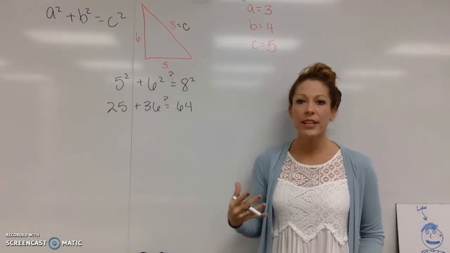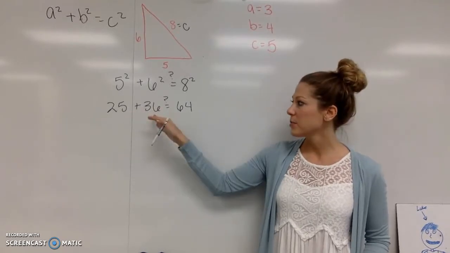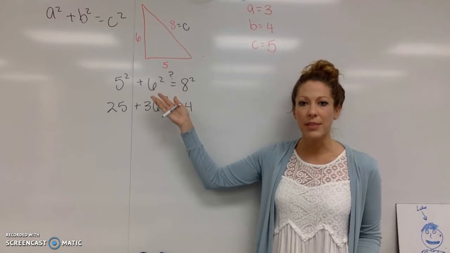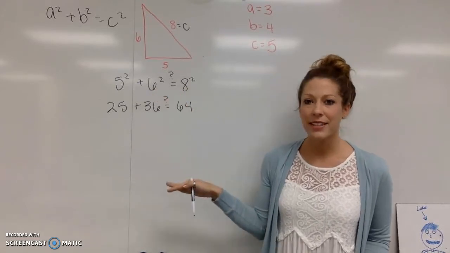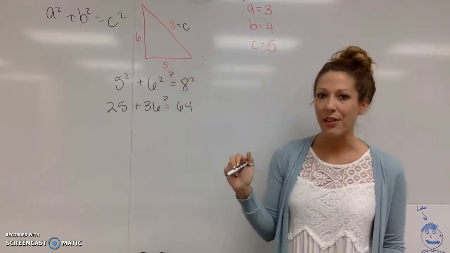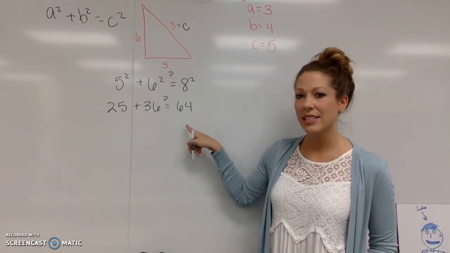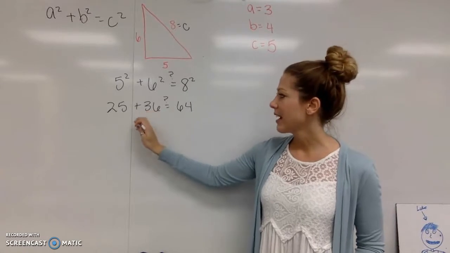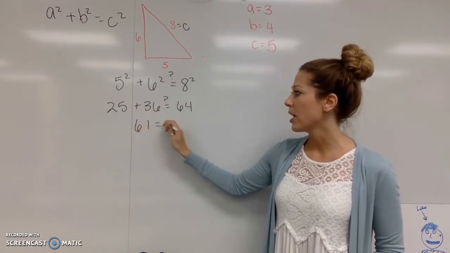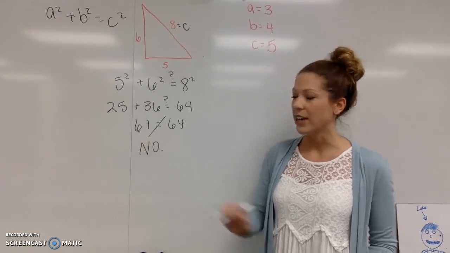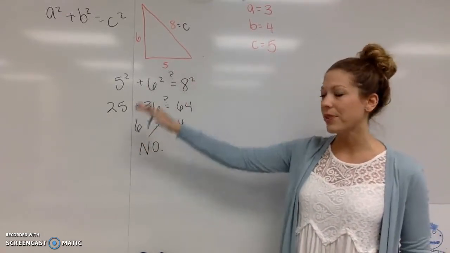If a squared plus b squared does equal c squared, then we know it is a right triangle because the Pythagorean theorem worked. But if it doesn't work, then this is just a plain old triangle. So if we take 25 plus 36, do we get 64? The answer is no, we get 61. So this is not a right triangle, and that's how you would prove it.